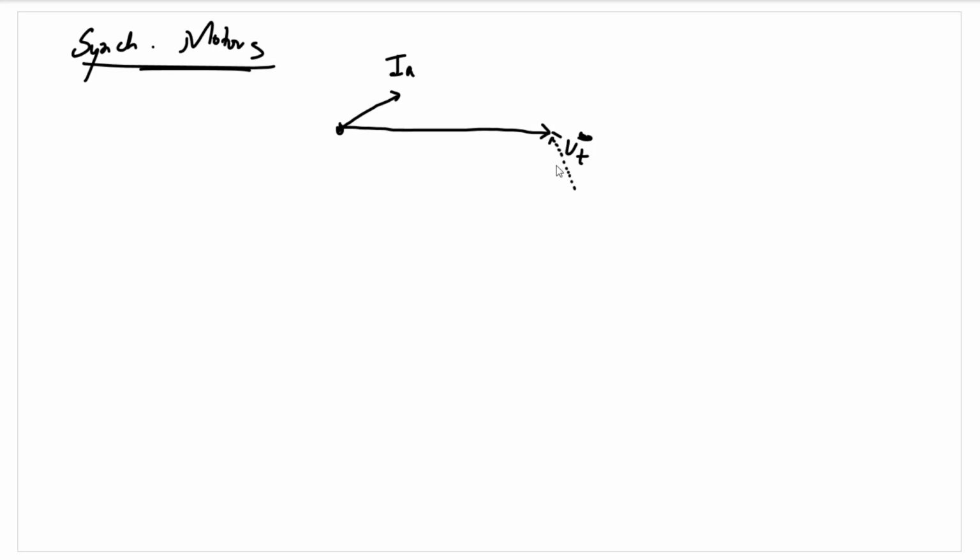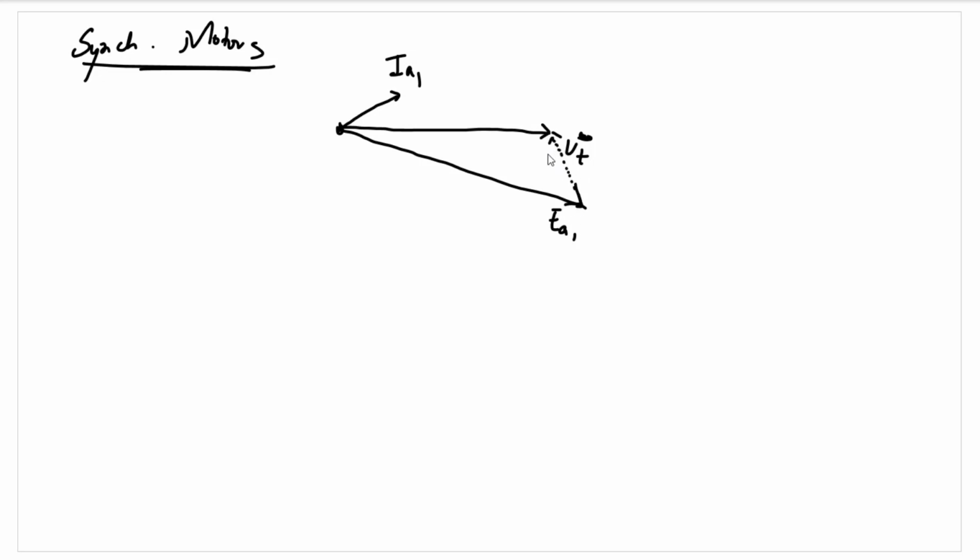This will be J times XSIA. That means EA1 will be somewhere around here. If this is IA1, initially the current drawn at a certain load is IA1. J times XS IA will be in this direction.